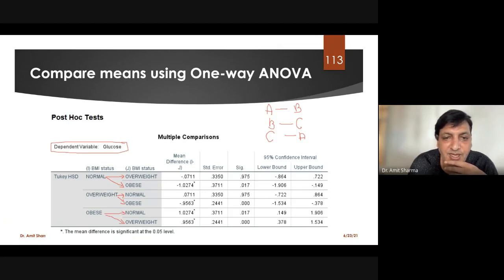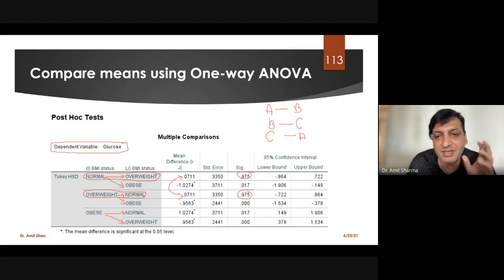So you can see that the values will be repeating, because here we have normal and overweight, and here again overweight and normal. So the reading for this group is similar, and even the p-value is similar. So no need to see again and again, just three different values you have to find out.